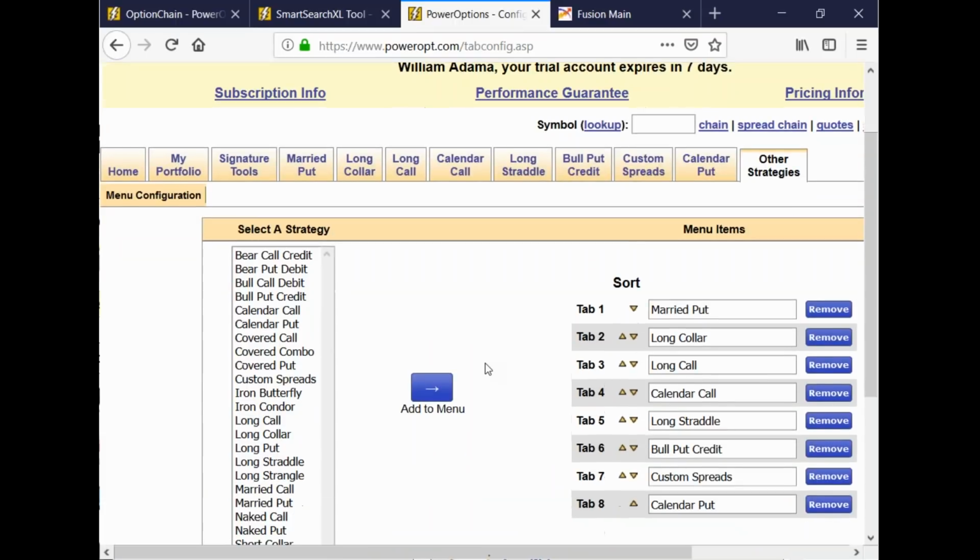Okay. So I don't do this personally. I'm going to show you how to use the tools to do exactly what you want, I'm pretty sure. I don't trade diagonals or condors on one specific security on a regular basis.